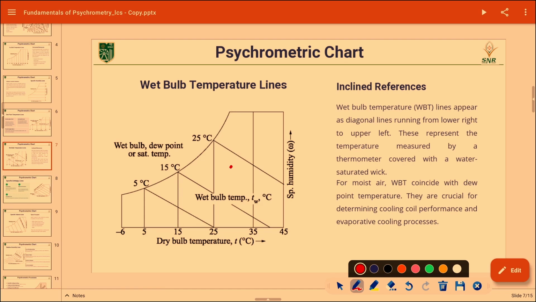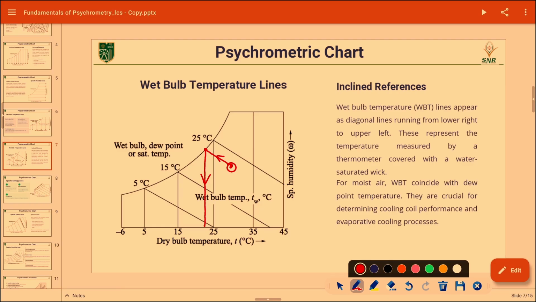If the point is present between any two lines, we have to move parallel to these lines, this way, till it hits the saturation curve, and from here on we have to move vertically down. So, these two lines we have to make to find out the wet bulb temperature.